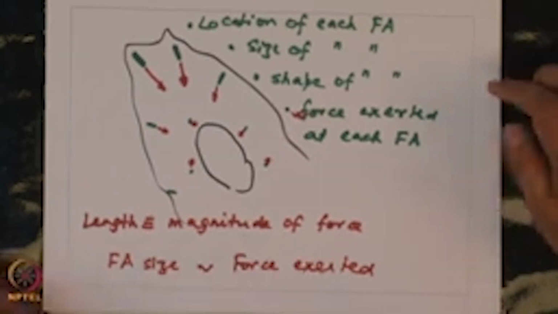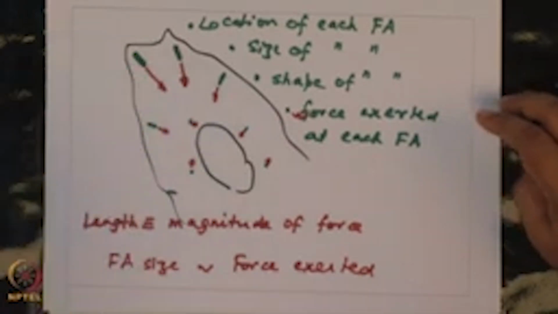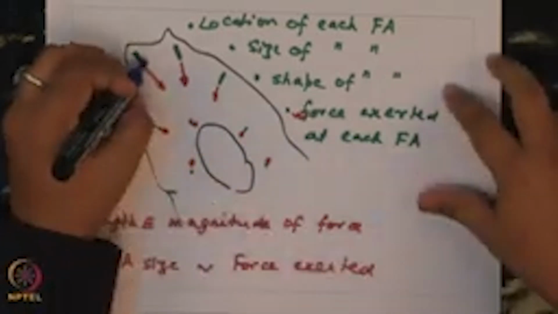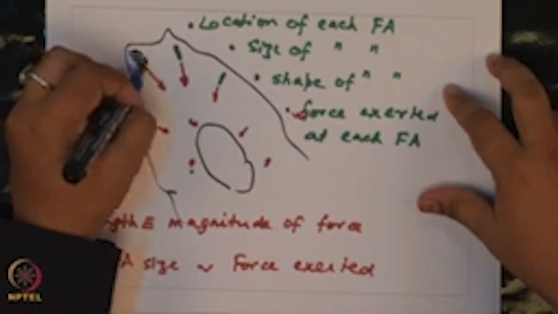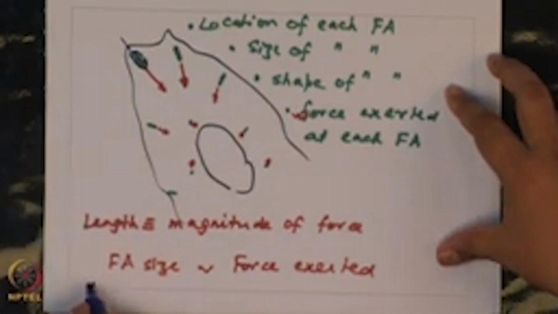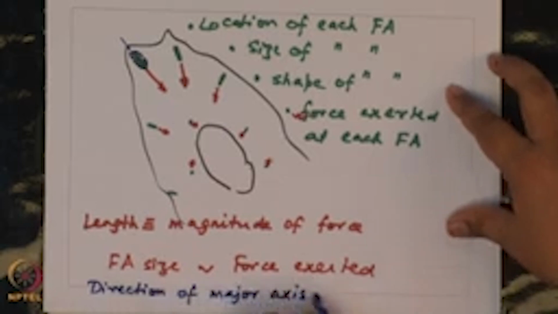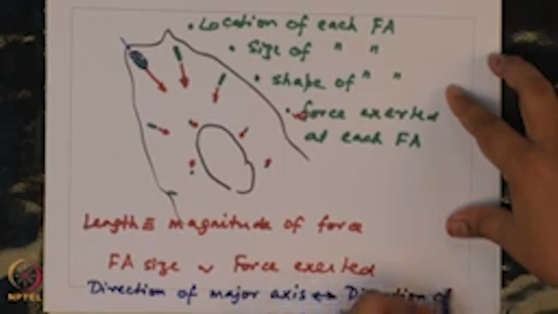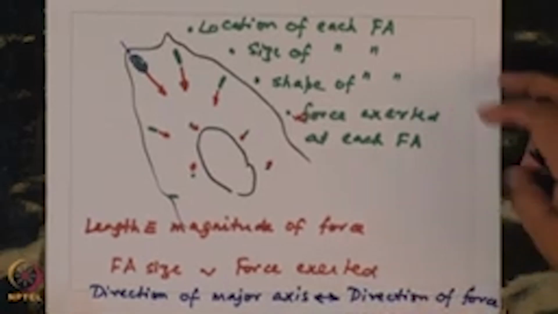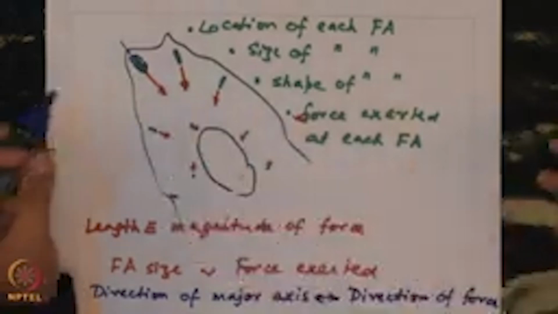So, there is a scaling between the size of the focal adhesion and the force. Also, if you were to approximate each of these as an ellipse, what you see is that the direction of the major axis is the same as the direction of force, suggesting that the focal adhesions are aligned in the direction of forces.